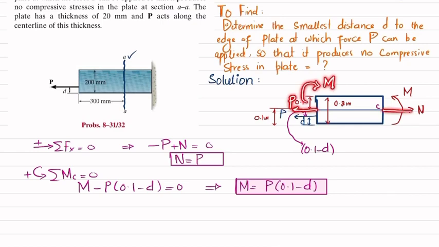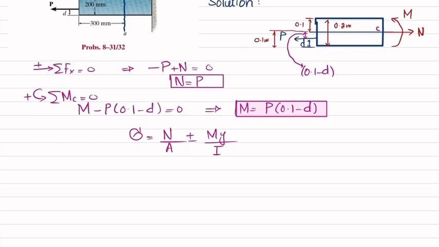The normal stress is due to the axial force, and the second stress is generated due to the bending moment. So we can say that the normal stress is equal to N divided by A plus or minus M into Y divided by I. So we will find the section properties, the area and moment of inertia, first.